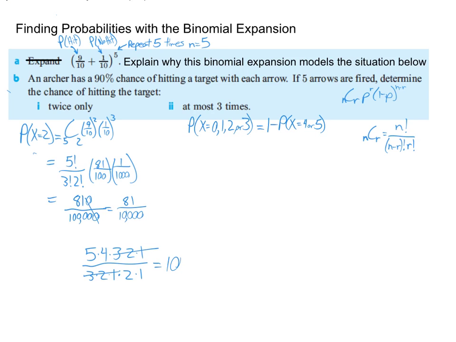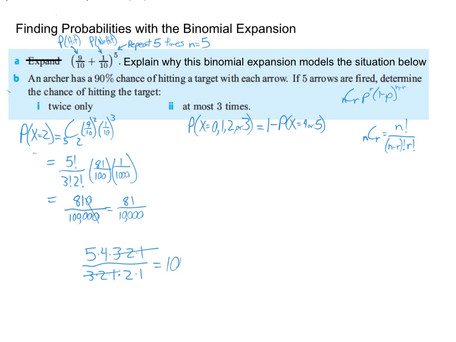Well, it goes back to the fact that all your probabilities have to add up to 100%. So you think of the complement, or the opposite. What's the opposite of hitting at most 3 times? Hitting more than 3 times, which would be all 4 or all 5. So you just have to figure that out logically.